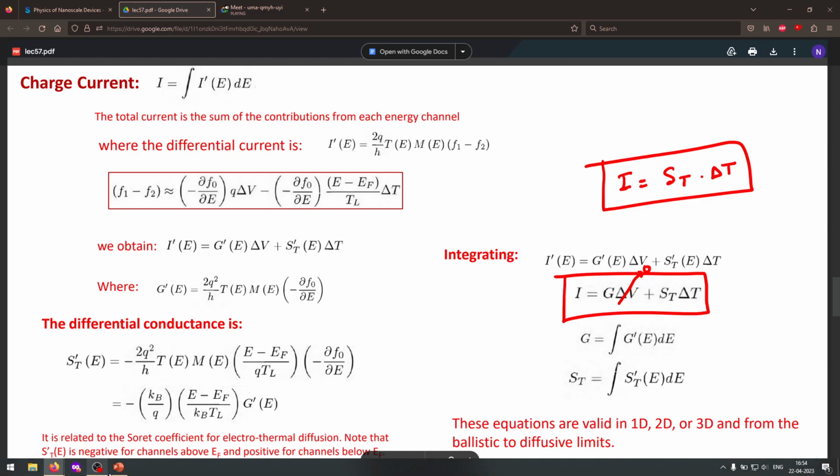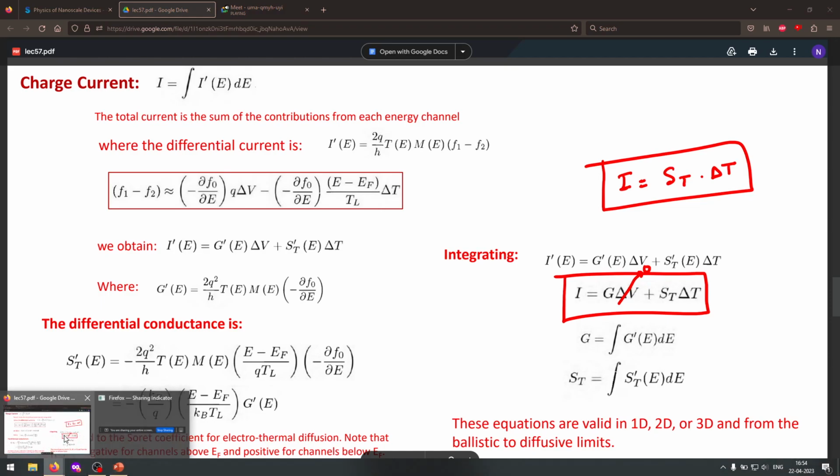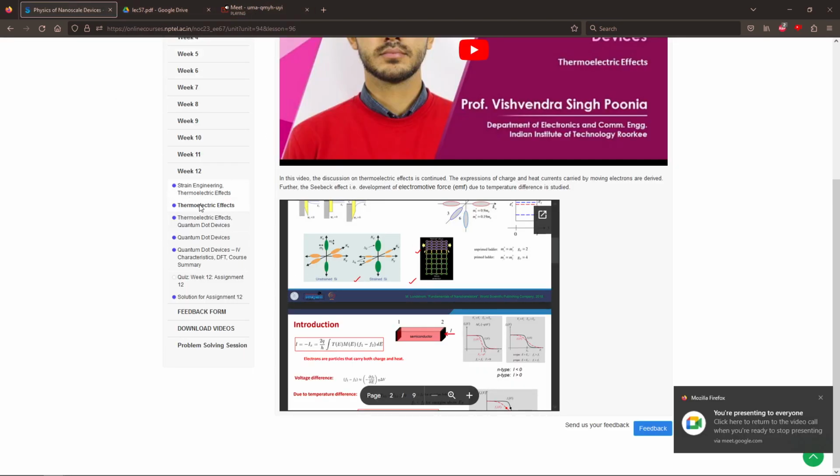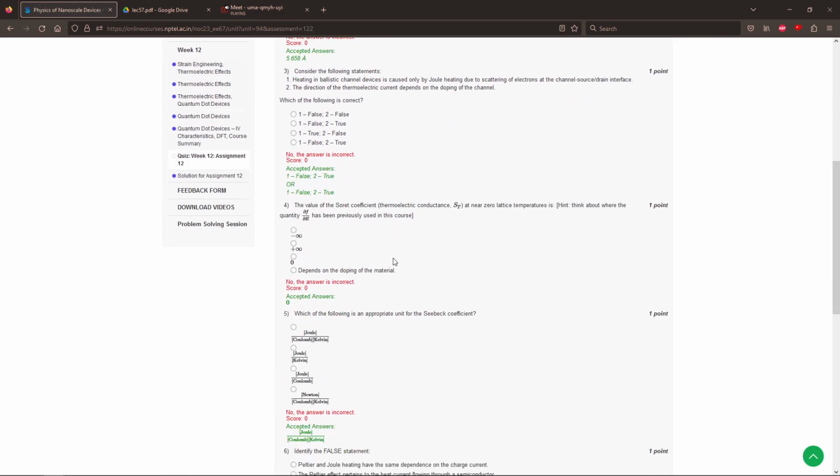So that is the fact that you were supposed to remember in this question over here. In case anybody had any difficulties, the correct answer is 0.